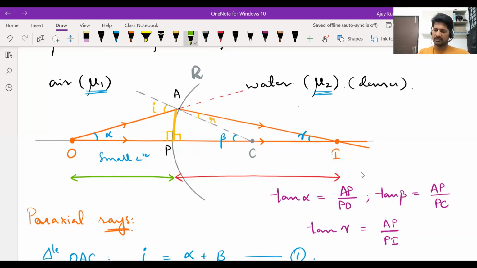See, rays are going to the right side, then anything on the right will be considered positive. Anything to the left is considered negative. So the object distance here is supposed to be negative. Okay. So you can say that object distance U is negative of PO, or PO is negative of U. You can say like that.